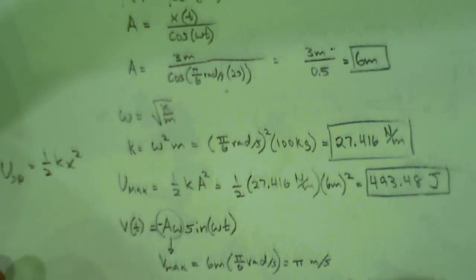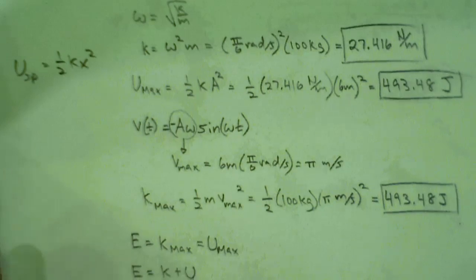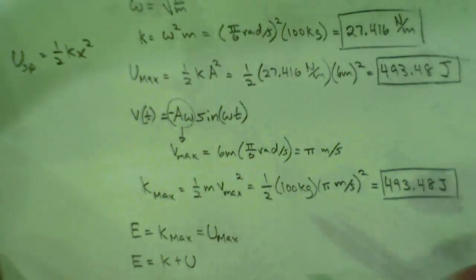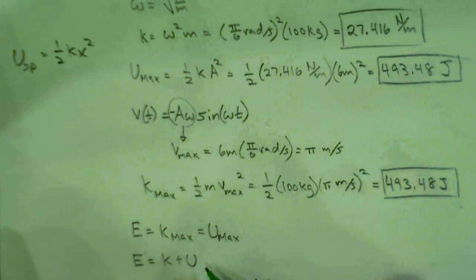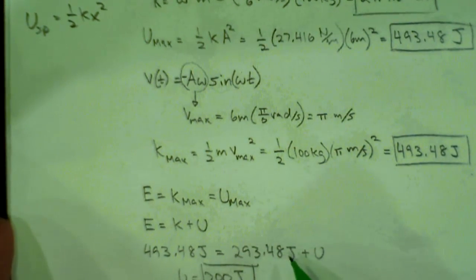is, at a certain point in time, we're given that the kinetic energy is 293.48 joules. All right? So then we go back to this equation, E equals K plus U, and we're given a K at a certain time, right? So that's the 293.48 joules.